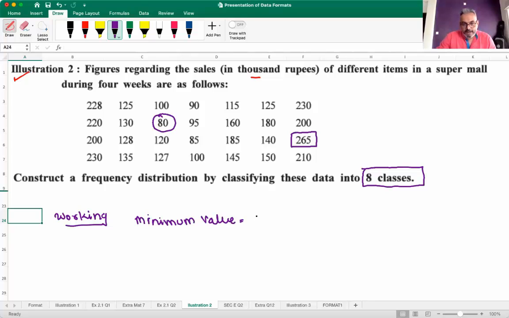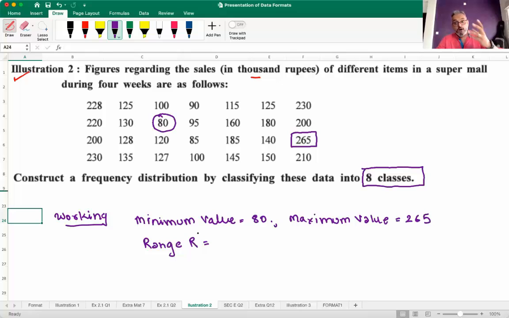So that is 80. Maximum value, which is equal to 265. So you have minimum, you have maximum. Let's find the range. Range is denoted by capital R. Now you know what is a range.